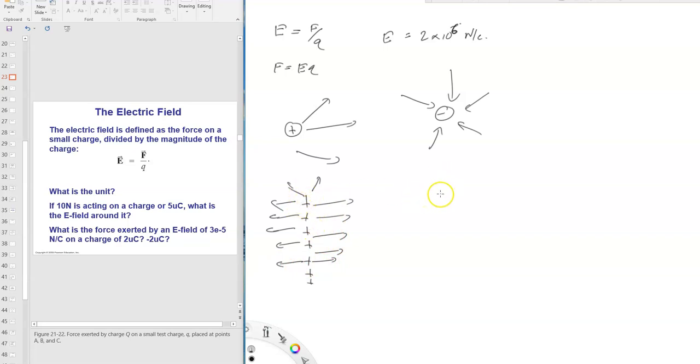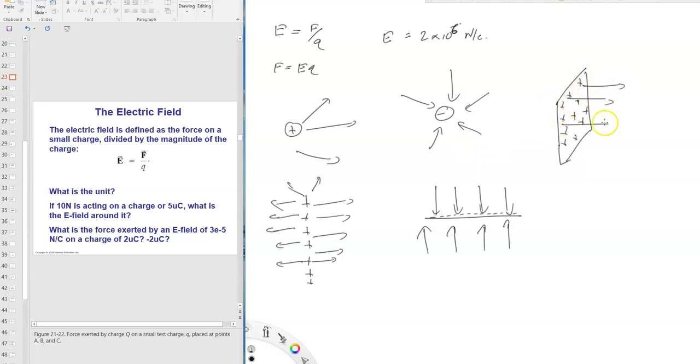If you have a negative line of charge, like you take a conducting wire and put a bunch of electrons on it, it will create an electric field like this, going into it. You can have an area, like a metal sheet, like a rectangular piece of metal, and put a bunch of charges. It will create an area of parallel electric field.